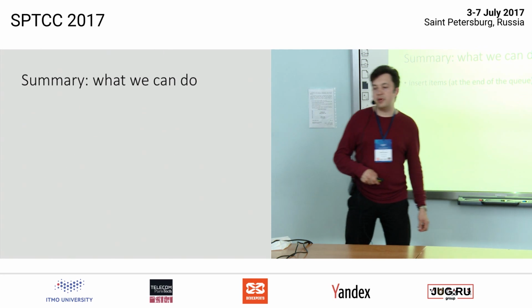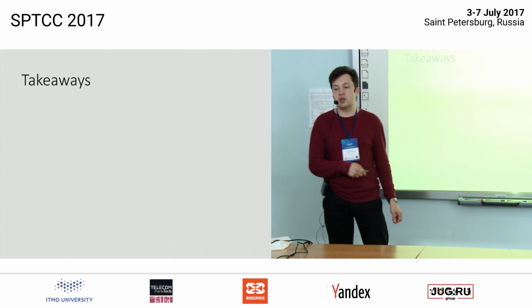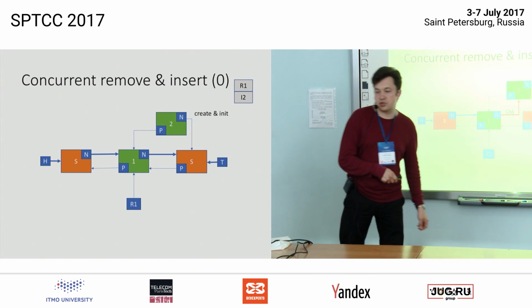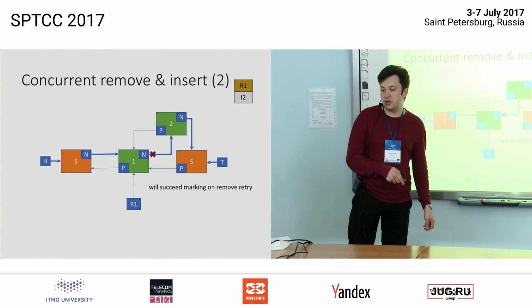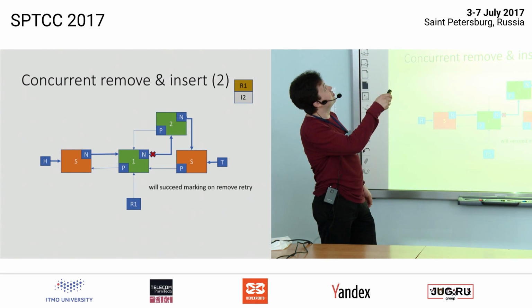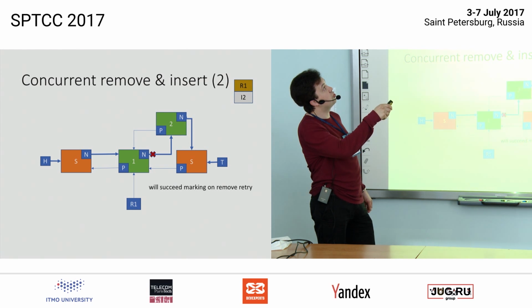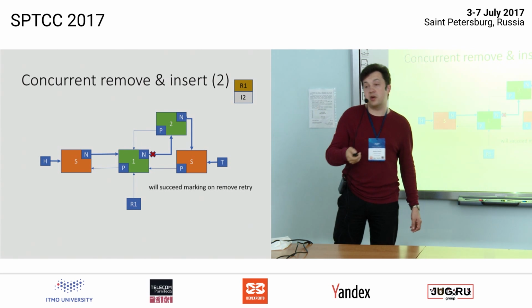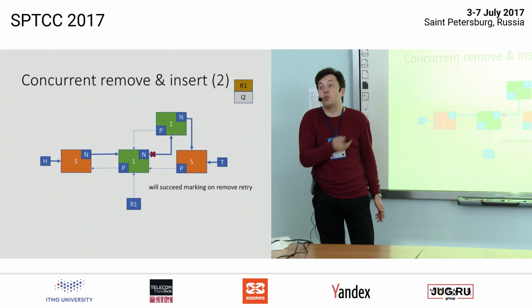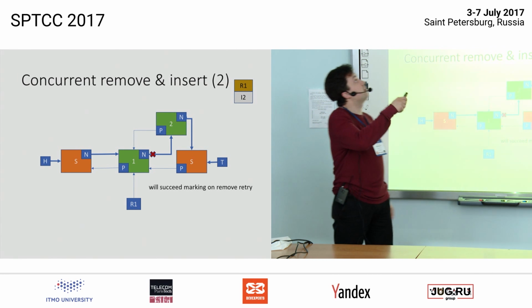Traversing is easy. There are two kinds of traversals. One kind is that you traverse just the next references, and then it's your decision whether you consider nodes marked as removed or ignore them. It depends on what you want to do in the traversal.